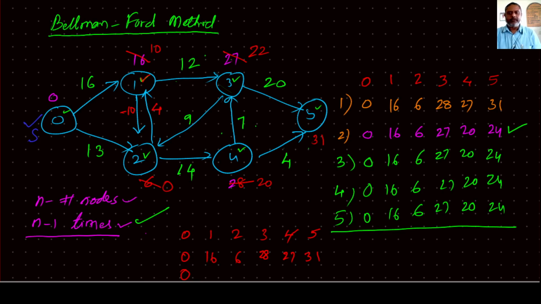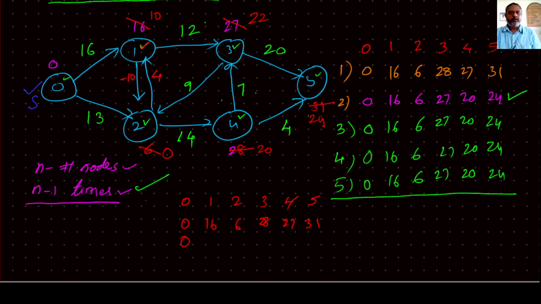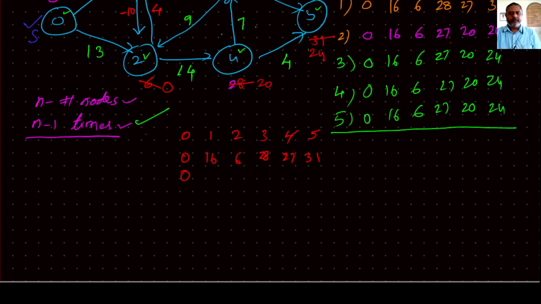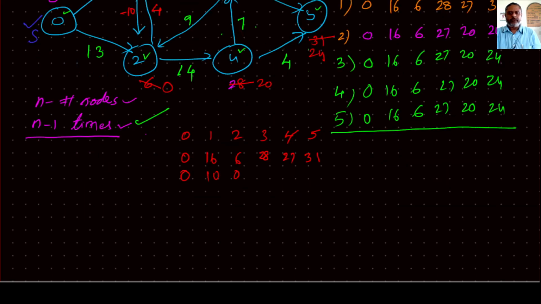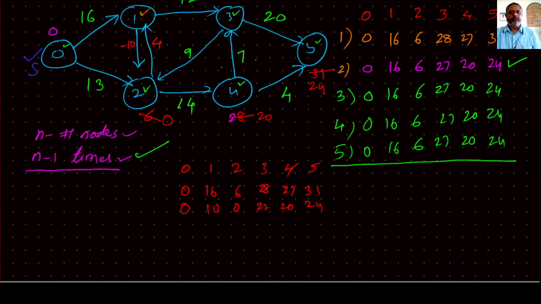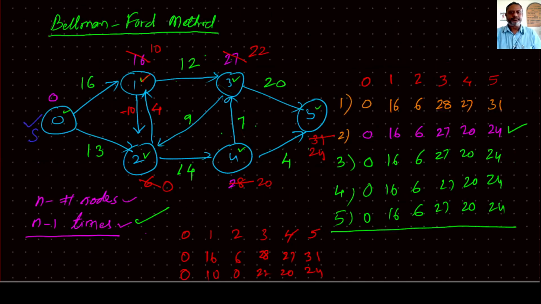So from 20, if you take this journey, it is 27. No good. 20 plus 4 is 24, a better idea. So replace this. So we have 10, 0, then 22, 20, and 24. Done.